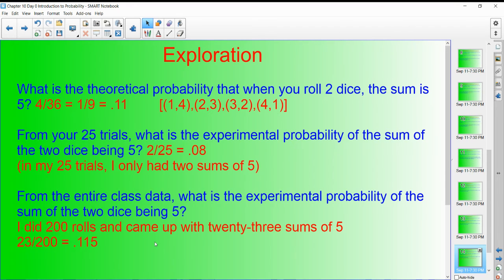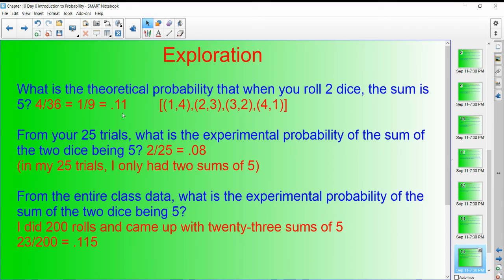Now, I also did this for 200 rolls. When I did 200 rolls, I got 23 rolls which had a sum of 5. And 23 of the 200 is 0.115, which is closer to the theoretical. And that's what we're going to see. The more rolls we do, it's called the law of large numbers.